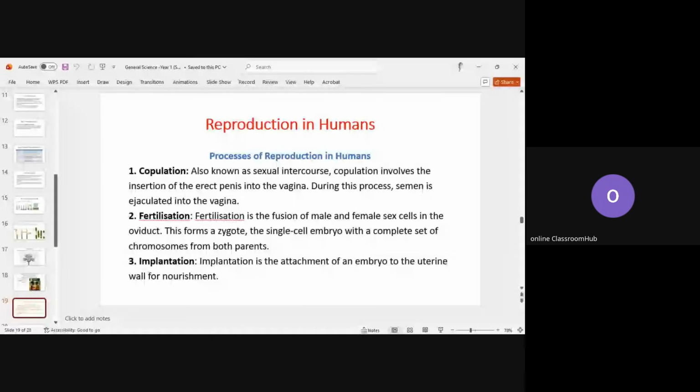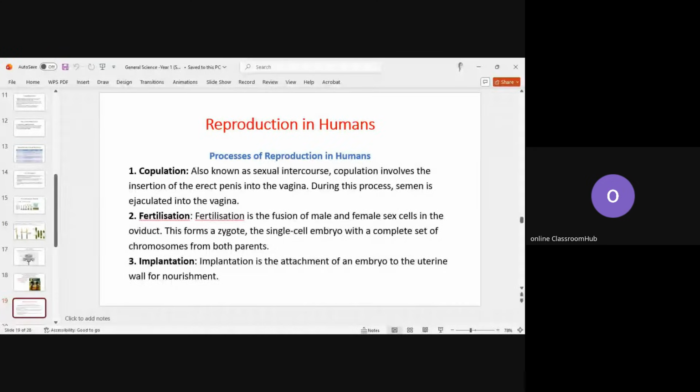All right, so after fertilization, implantation occurs. Implantation is the attachment of an embryo to the uterus or to the womb for nourishment and other food supplement.